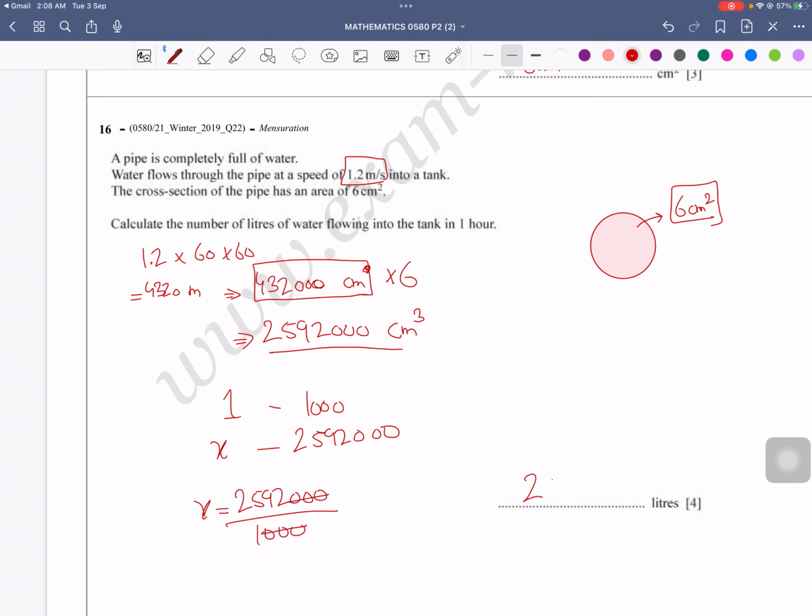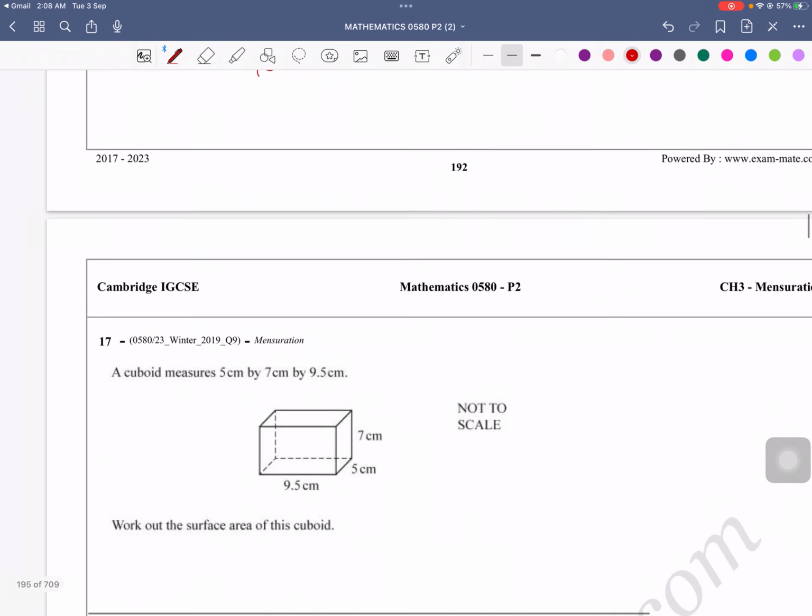So this is the amount of liters of water that can flow through this circle. If the radius was smaller, a smaller amount of water would go through. If the cross-sectional area of the circle was smaller, then a smaller amount of water will go through. If it was larger, then obviously a larger amount of water will go through it.